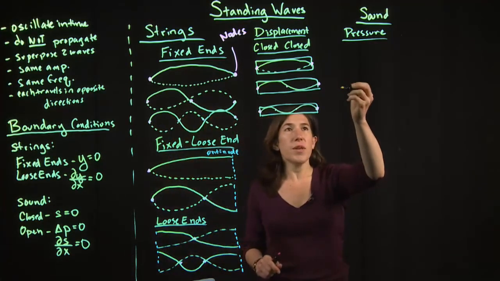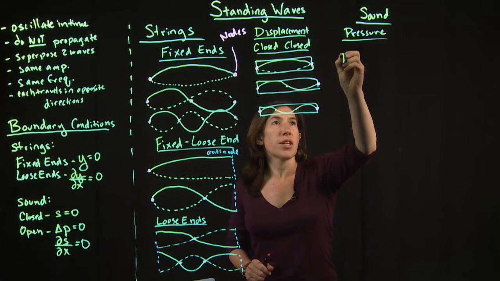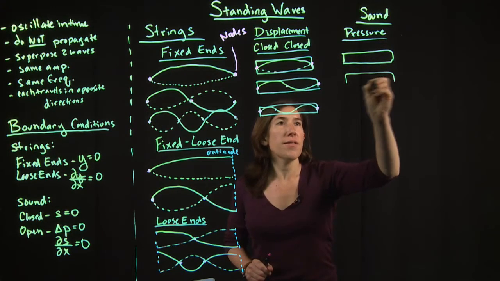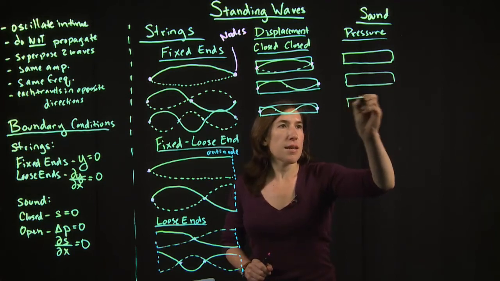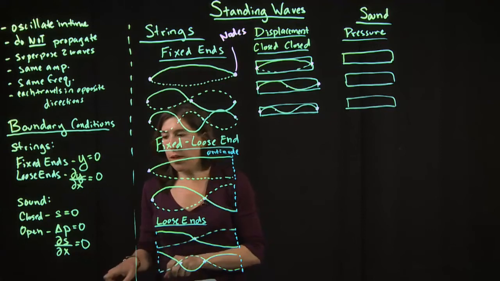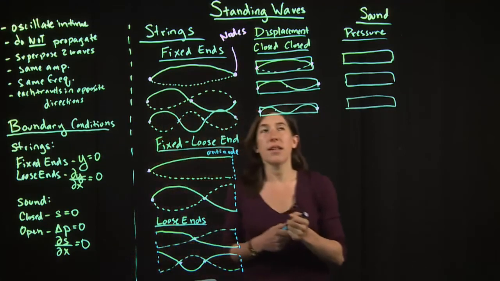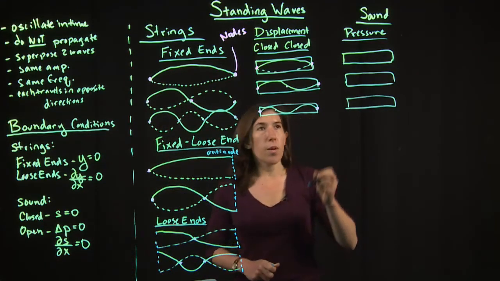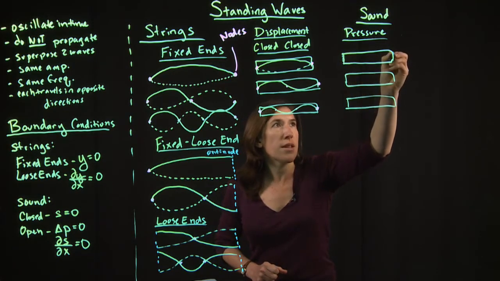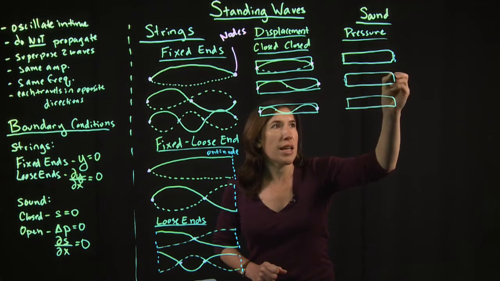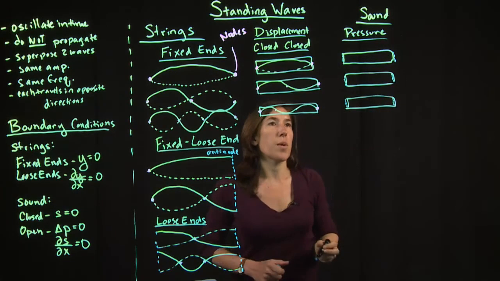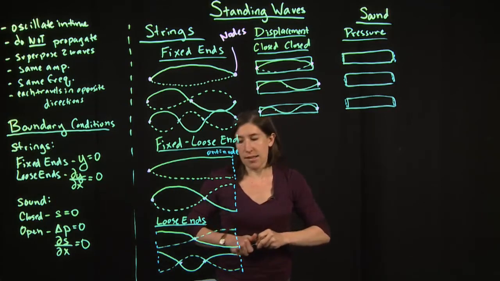But then over here, if we draw this instead in terms of pressure, we can draw the exact same waves at the exact same time shot. But if instead we plot the pressure instead of the displacement, then what we find is we have pressure antinodes. So maybe you can see this. We have the blue dotted line antinodes. So what we want is to draw the sine curves where we have max displacement at the ends.